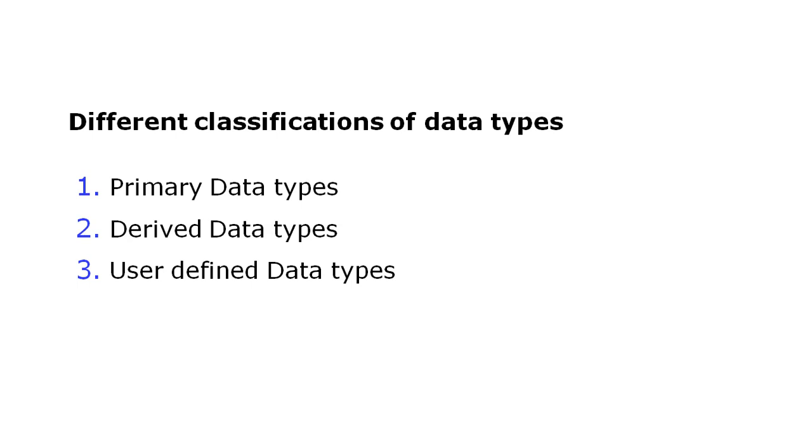Number one, primary data types. Number two, derived data types. Number three, user defined data types.